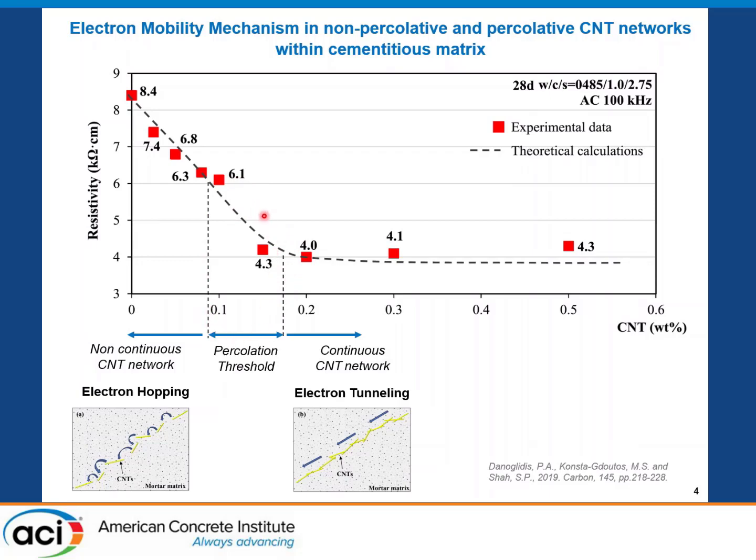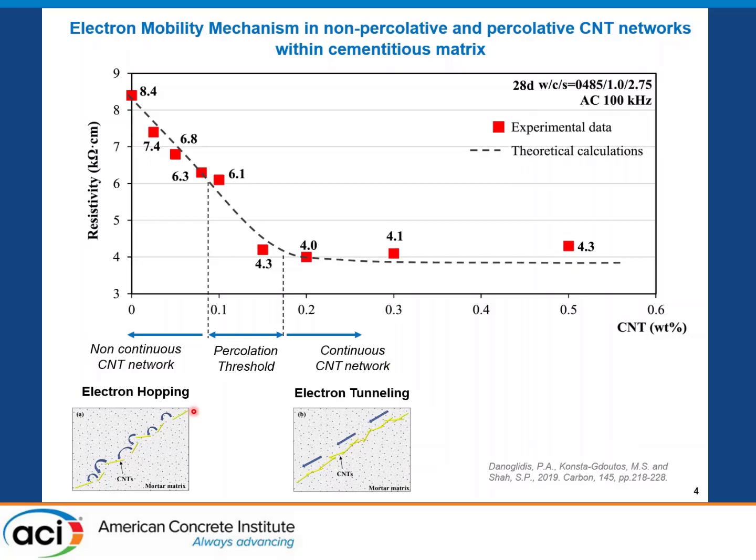From experimental data and theoretical calculations, we found that below percolation, when the CNT network forms a non-continuous network, the electrical conductivity is governed by the so-called electron hopping because of the non-continuous CNT networks.